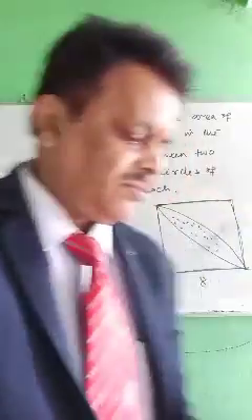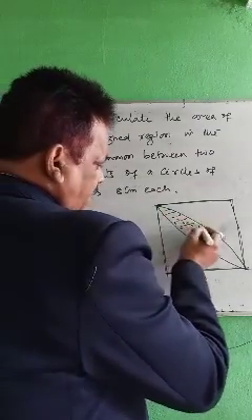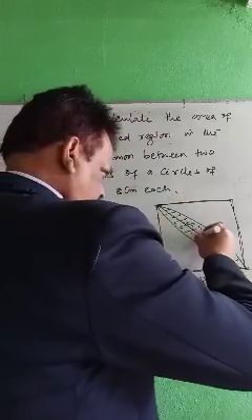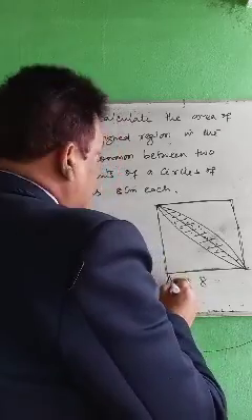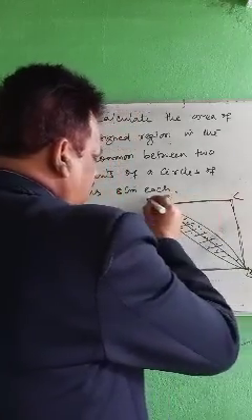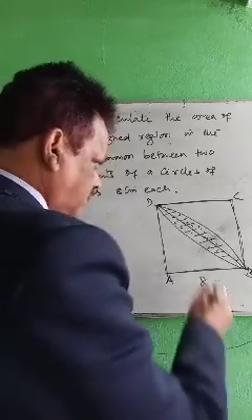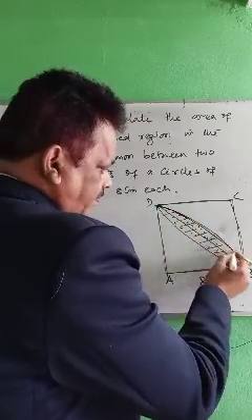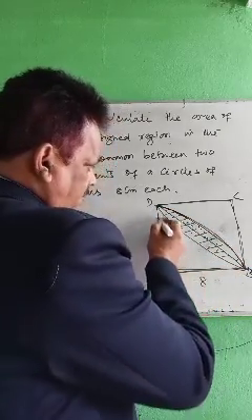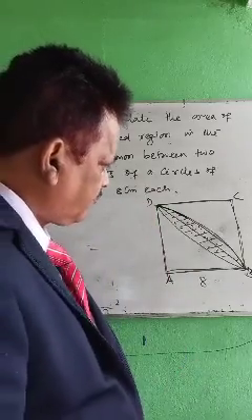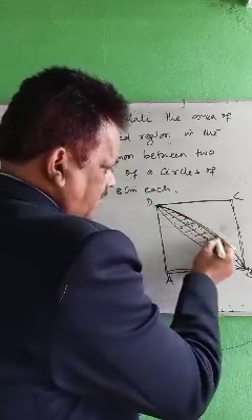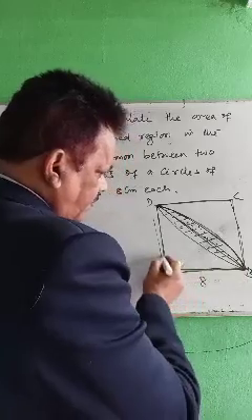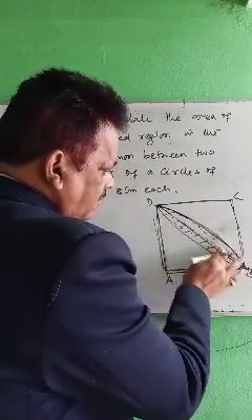So to find that, suppose I join this, it is A, B, C, D. Look at here. This is a sector. From the sector, if you remove this triangle, then you will find part 1.